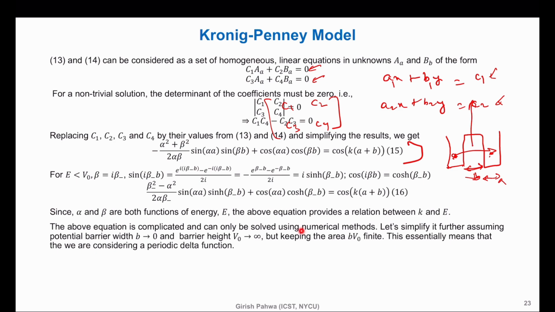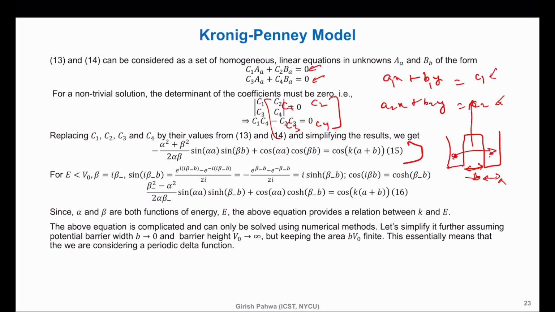So V naught is very large and b is small, but the product of the two is still finite. That's what I'm assuming. So it's like a delta function I'm approaching. V naught is large, b is small, but the product is still finite. That's my assumption, and that will simplify things a lot for me.